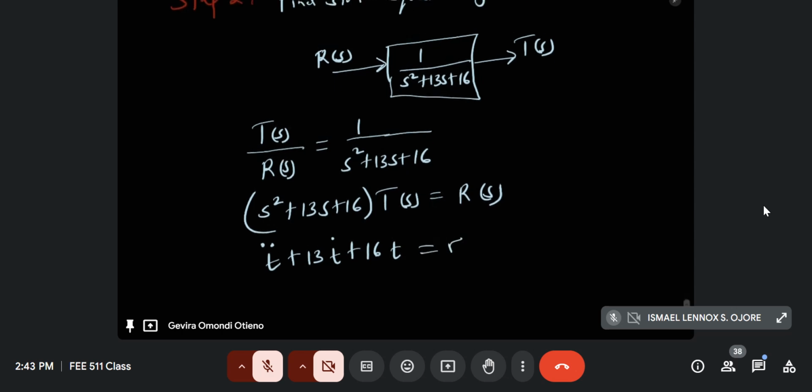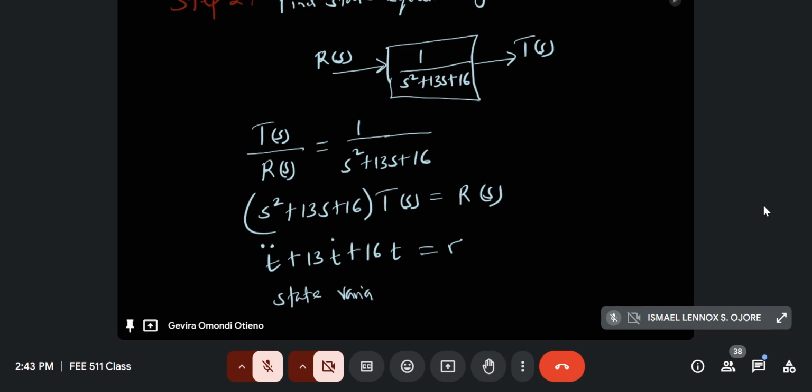And then, of course, we pick our state variables, just like we did in the previous case. The state variables are x1 and x2 because it's second order. And x1 in this case is just going to be equal to t. We pick variables that have derivatives. So x2 is going to be its derivative.